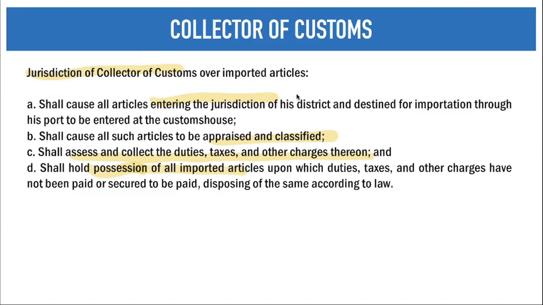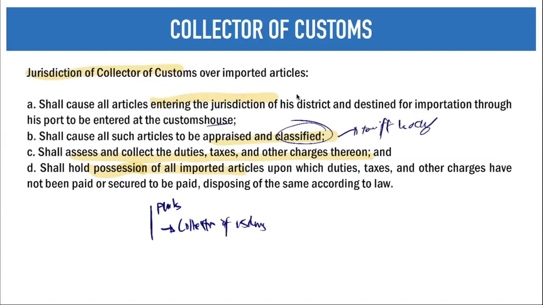So the jurisdiction, again, it starts when it enters the Philippines. So once it enters the Philippines, now the collector of customs will start to enter that into a particular customs house and will appraise and classify that. As I told you, we have here your tariff heading at the time of classification. And now we'll try to assess and collect the duty based on that classification.